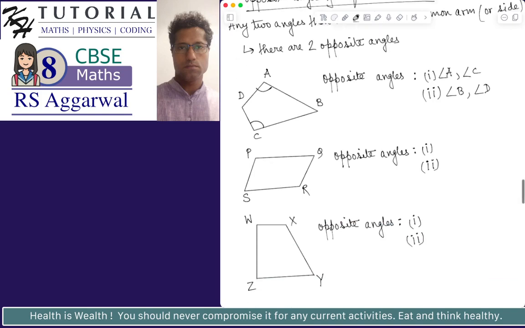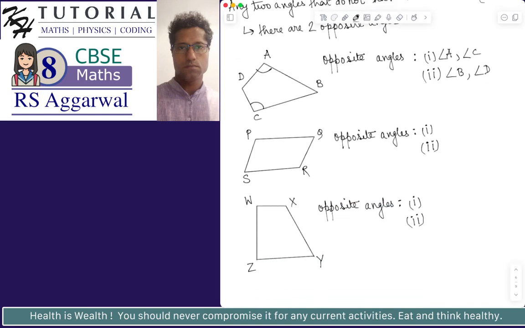For the quadrilateral PQRS, angle A and C are opposite angles, and angle D and angle B are opposite angles. Now please do not be confused by the double stroke. If 2 angles are marked with a double stroke, usually it means they have the same measure, but I am not trying to mean that.